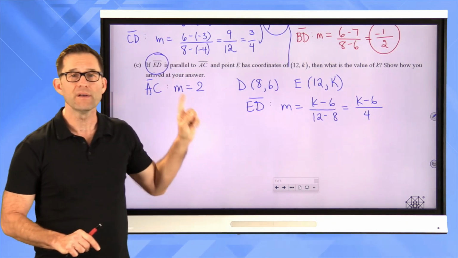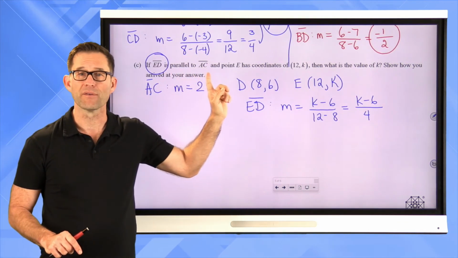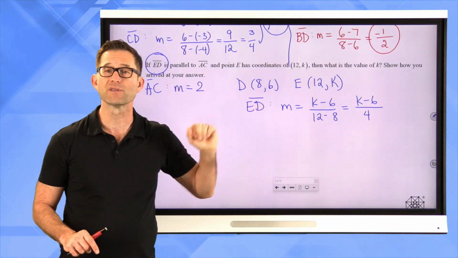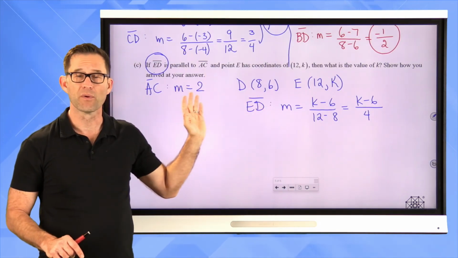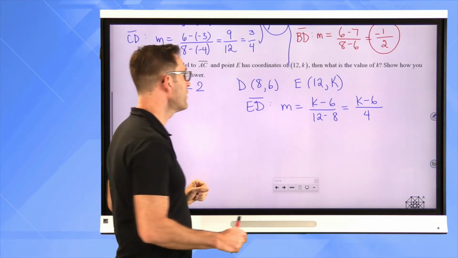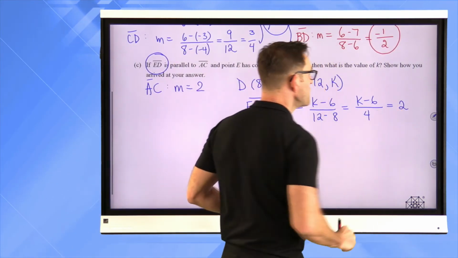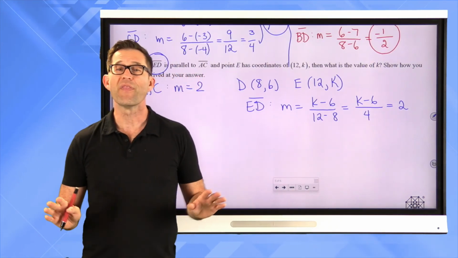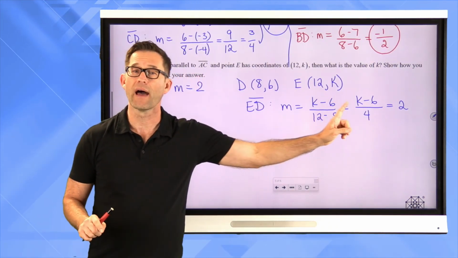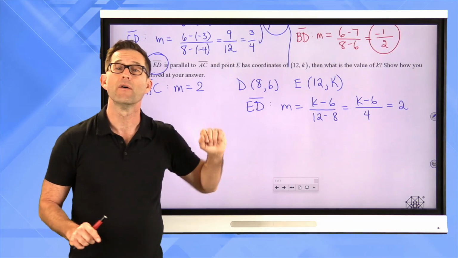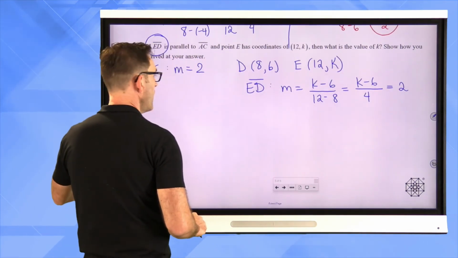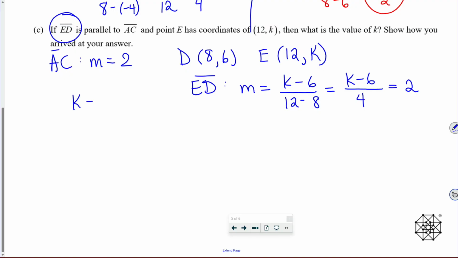Now, because we know that ED is parallel to AC, then we know that the slope of ED must be equal to the slope of AC, and therefore K minus 6 divided by 4 must be equal to 2. And what that now allows me to do is solve this equation for my variable K. Let's do just a little bit of equation solving.